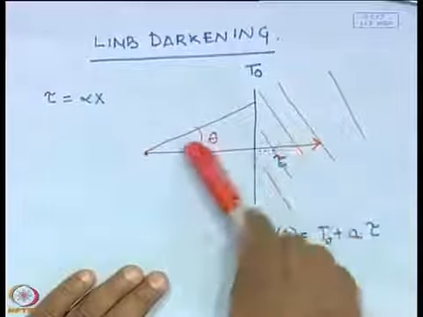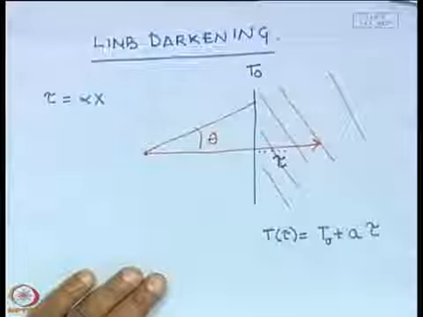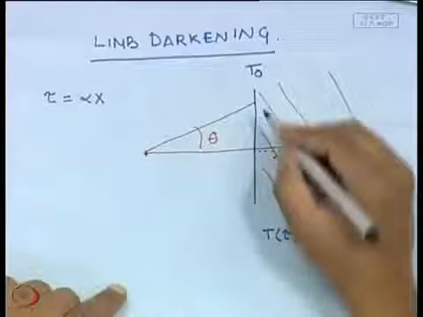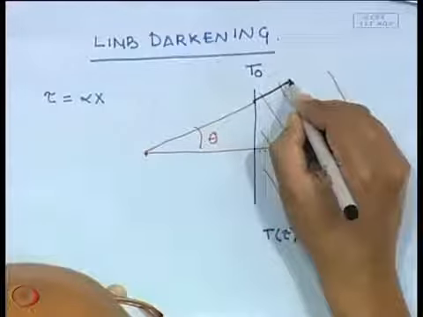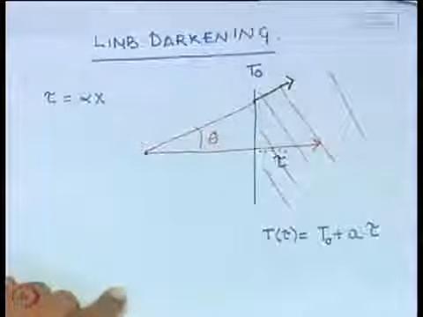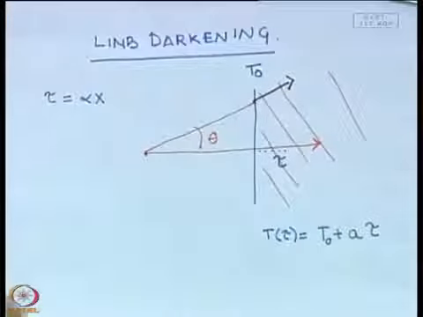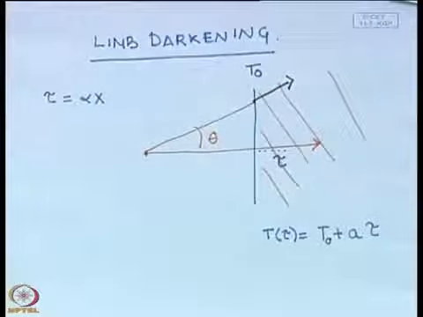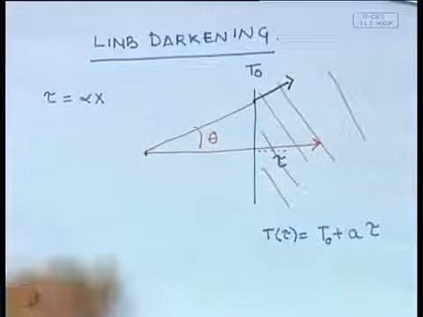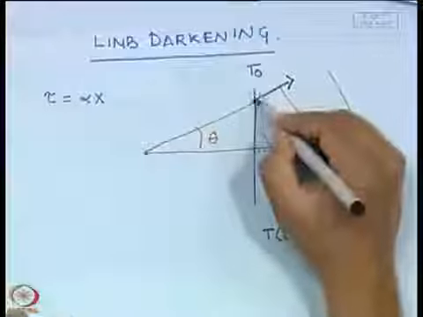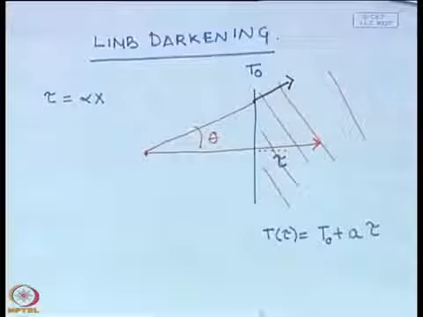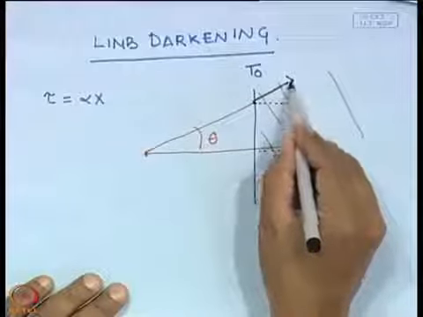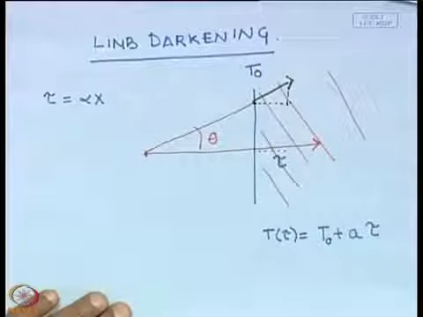Now, instead of going straight in, if you look at light coming from this direction, what would be the temperature as a function of the optical depth? Optical depth is alpha into the distance, but the temperature will increase only by this amount.